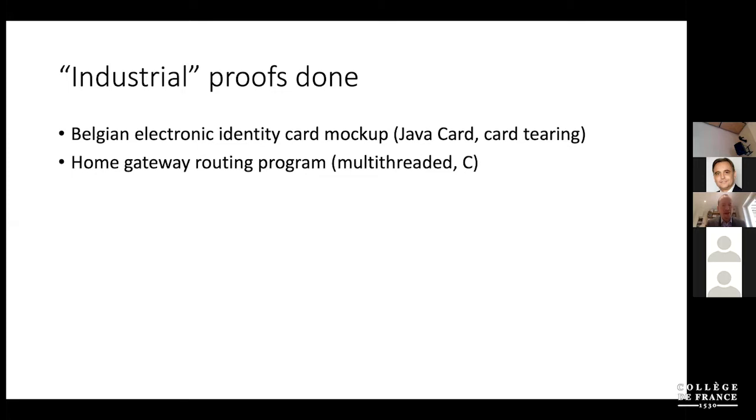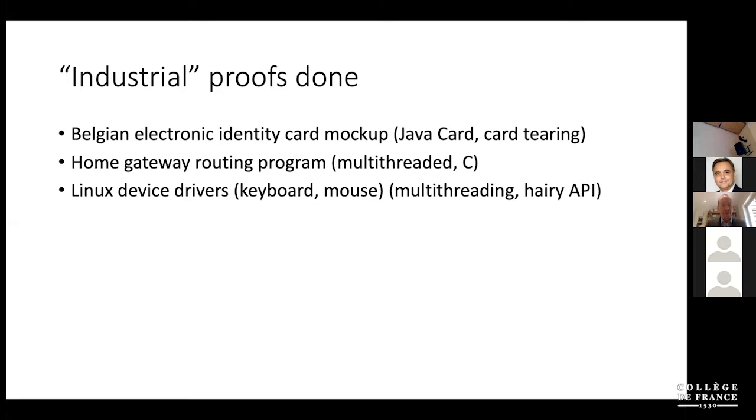We also verified a home gateway routing program from some telecom company, to be run in home gateway devices at customer locations. We only verified memory safety and data race freedom, and we also found some data races in this program.